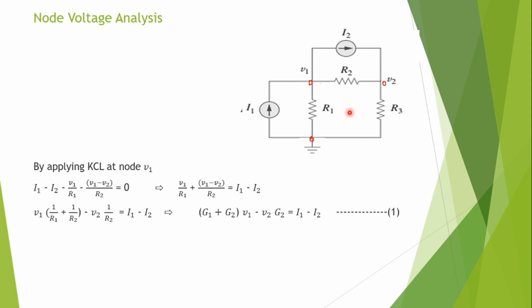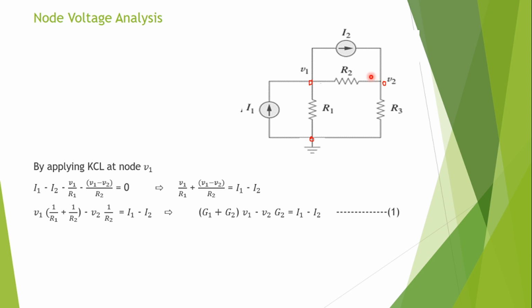Now similarly apply KCL to node V2. When we are applying KCL to node V2, there is only one source current, and based on the direction you have to assign a sign. This is the equation we are writing for node 2. I will consider V2 as higher potential compared to the other one.